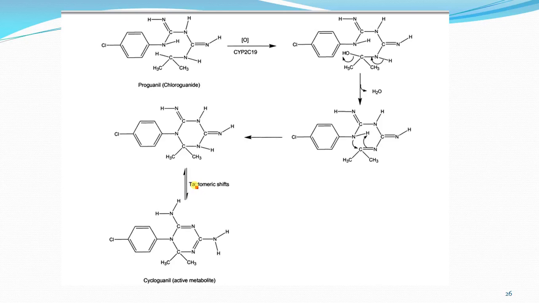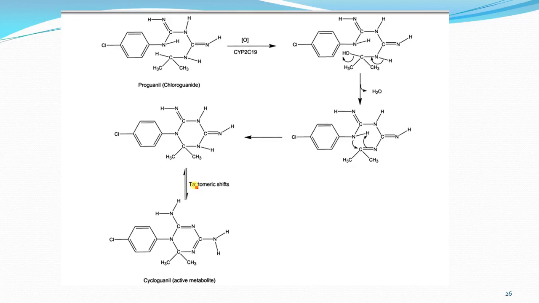The polymorphic nature of this hepatic enzyme explains why subpopulations do not respond to proguanil, as these groups cannot convert proguanil to the active form, cycloguanil. Cycloguanil interferes with deoxythymidylate synthase by inhibiting dihydrofolate reductase. Resistance to proguanil is attributed to amino acid changes.